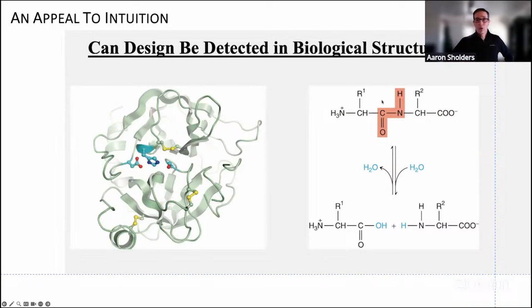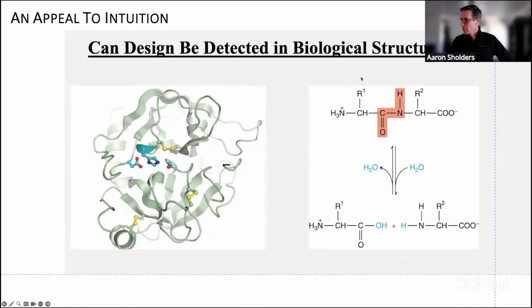Now Joel spent a lot of time talking about peptide bonds and the degradation of collagen and that kind of thing. Those peptide bonds are super stable. What you're looking at here is a peptide bond, and what's being depicted over here is the hydrolysis of that peptide bond.